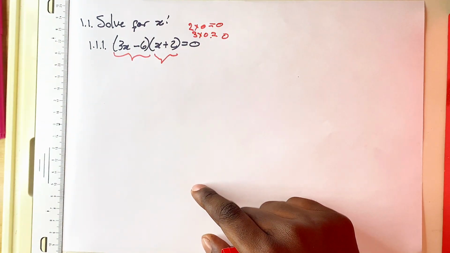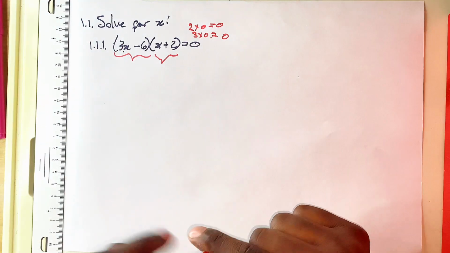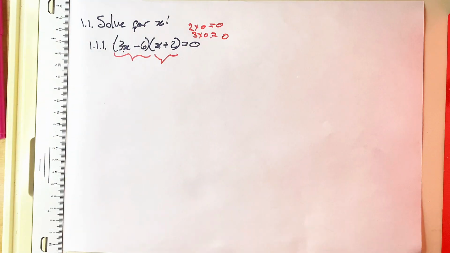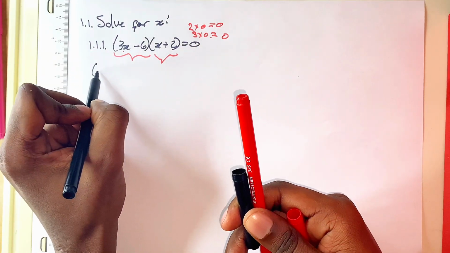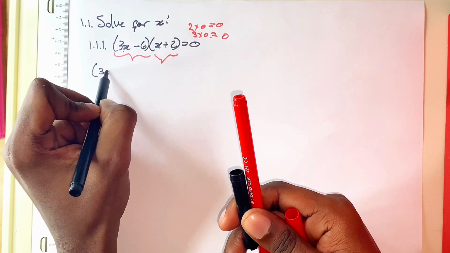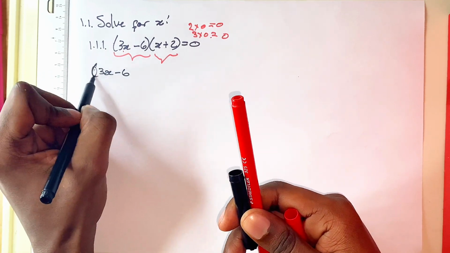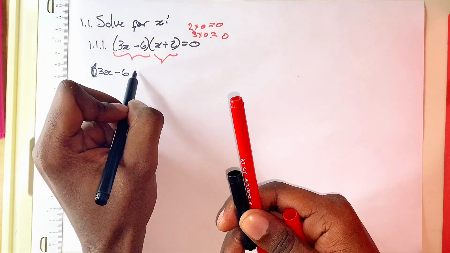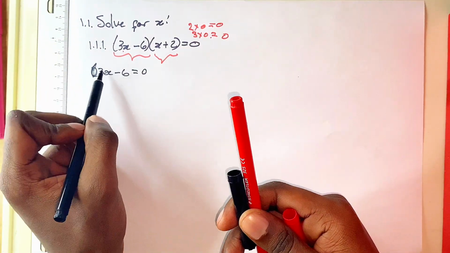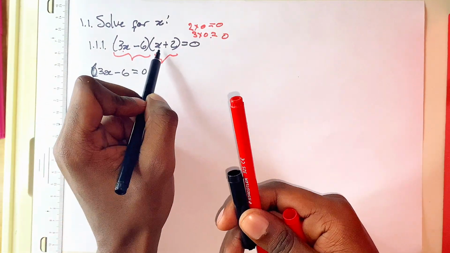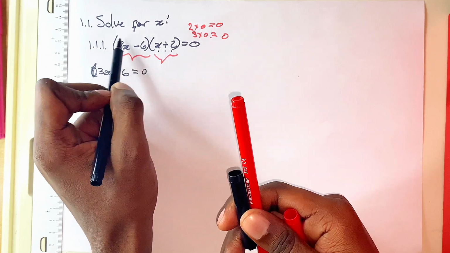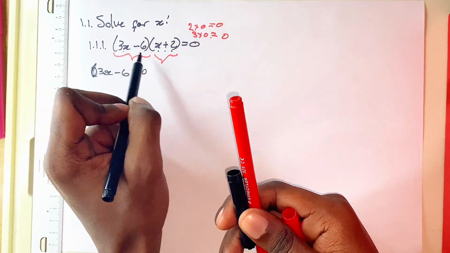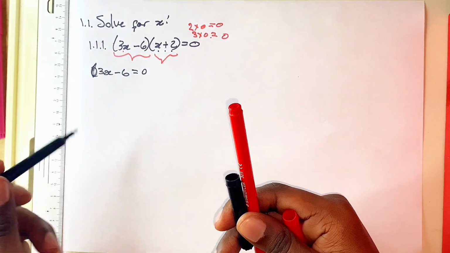So what we're going to do is take the first bracket and say, okay, maybe this bracket of 3x minus 6, the brackets are not necessary, is equal to 0. So that if this is equal to 0, then x plus 2 multiplied by 0 will be equal to 0.